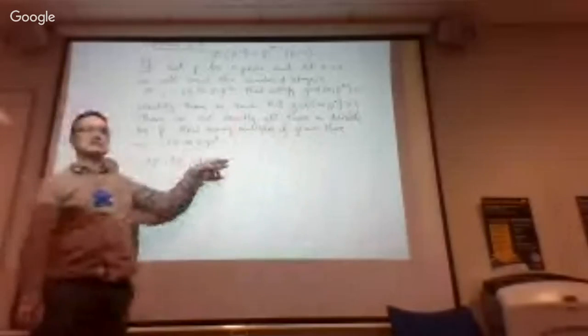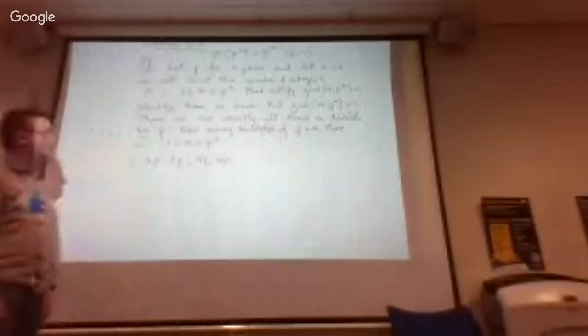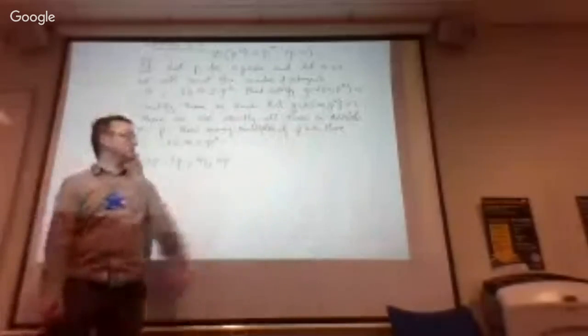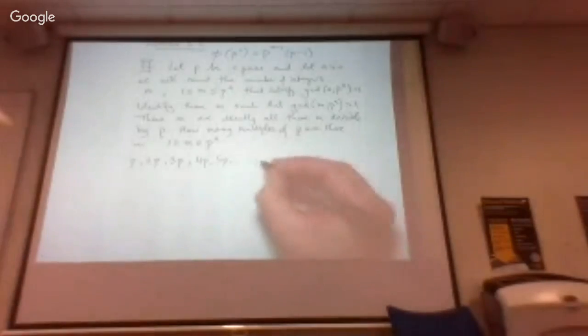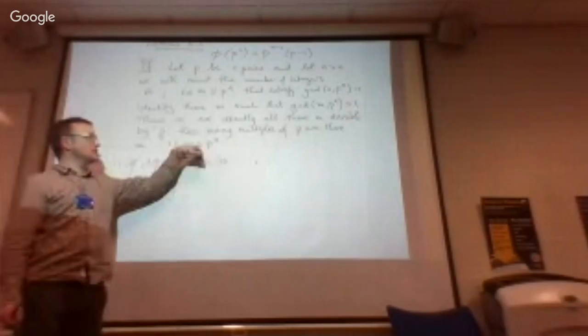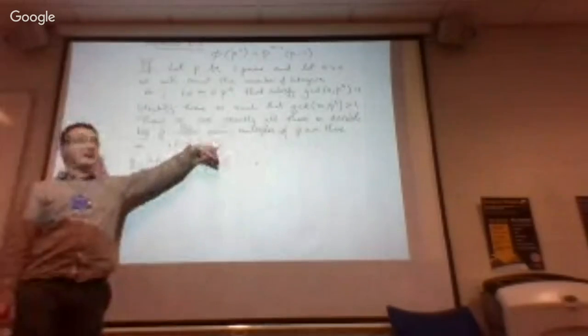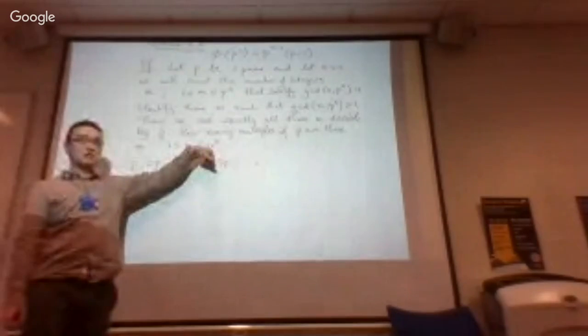Because they all share at least a common divisor of p with p to the a. So we keep on knocking these numbers off. What's the last multiple of p that you encounter in this range? P to the a, because the endpoint is actually a multiple of p.